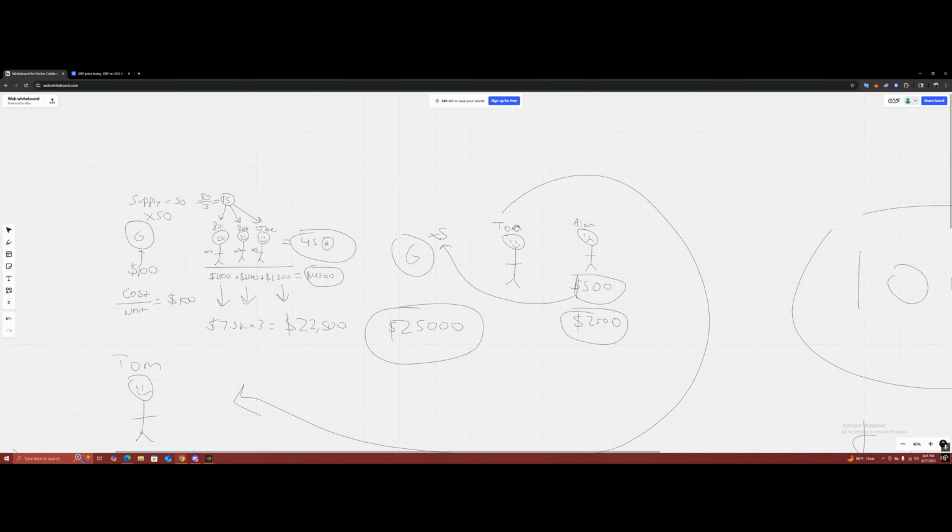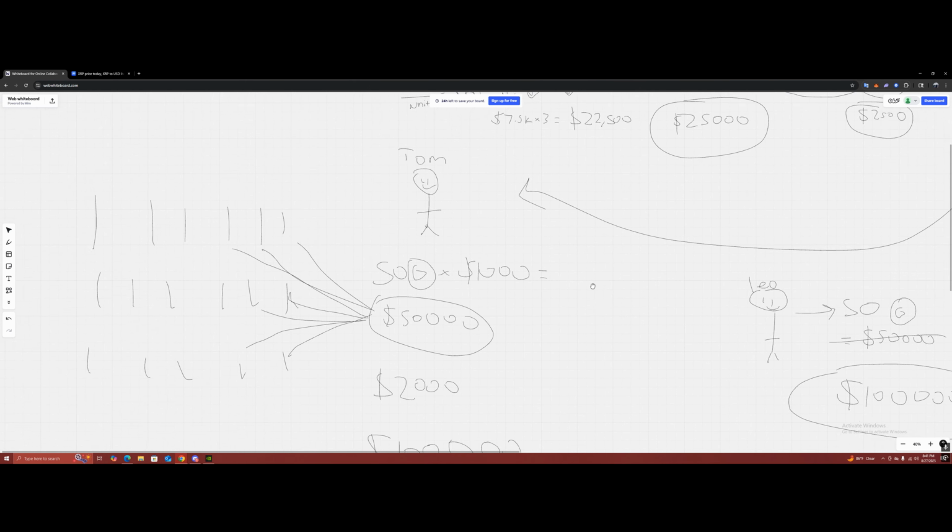Then Tom and Alex are here. Alex sees that there's only 5 G coin left in circulation, so he buys them for a premium, $500, because Tom could buy them for $100, but there was a little bit of a bidding war there. Then Tom realized, hey, I can't afford $500 per coin, so he gave it over to Alex. So Alex bought the coin for $500 a pop.